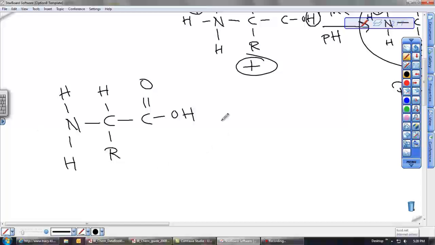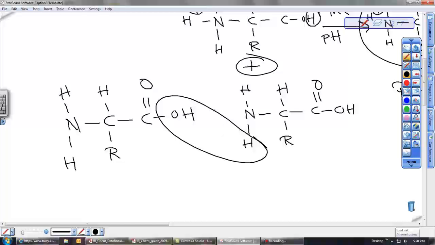I'm not drawing any ionic forms of it. It will connect to a neighboring compound. Here's another amino acid. One of these H's will go away, and these two will connect to each other.